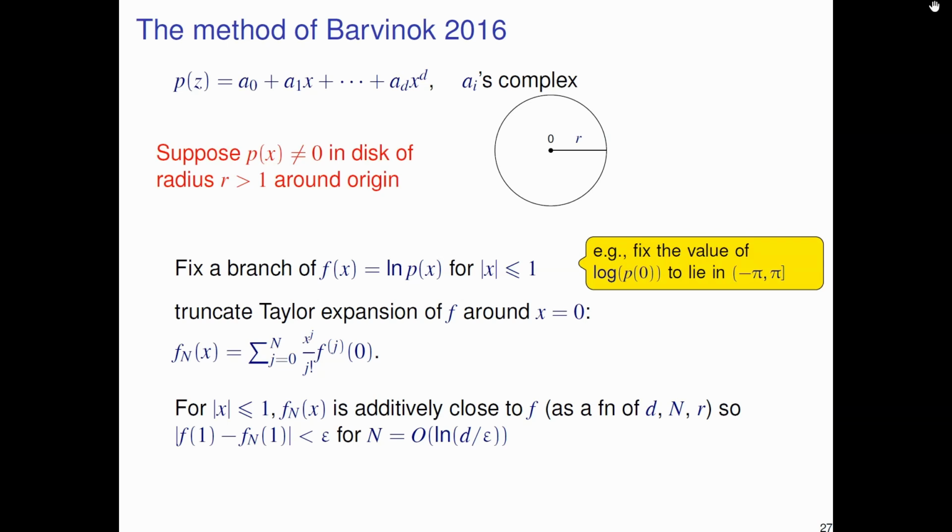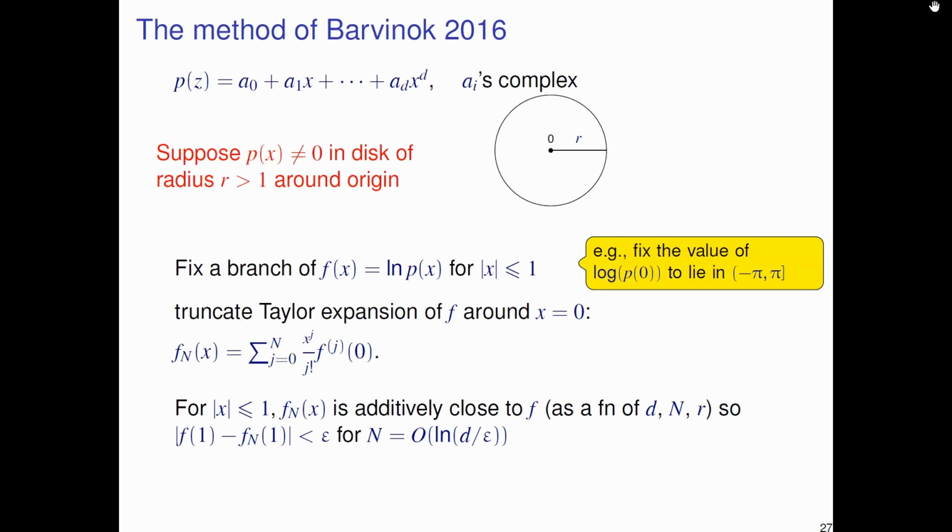He said, suppose that you have a disk of radius at least 1 around the origin. What I'm going to do is take the log of my polynomial, call that f, and fix some branch.